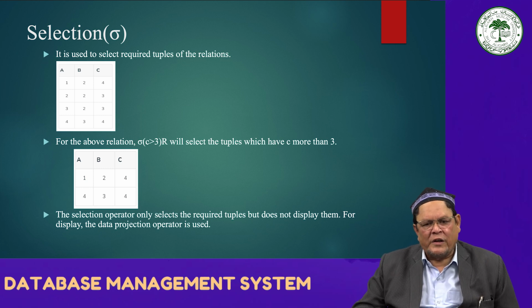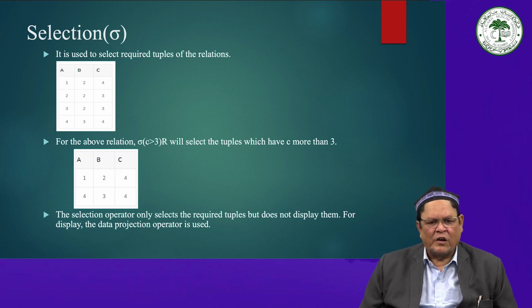Selection is a fundamental operator in relational algebra used to filter rows from a relation based on specified conditions. It allows users to retrieve only those tuples that meet a specific criteria, thus reducing the size of the relation and focusing on the relevant data.